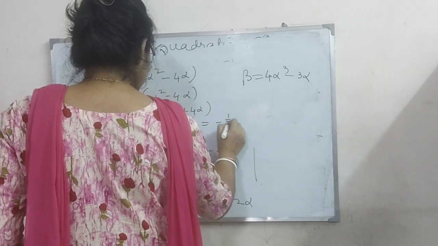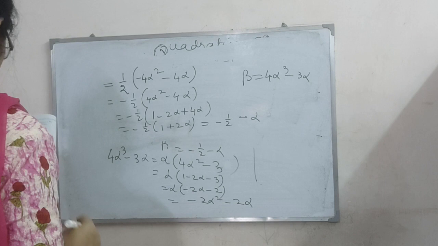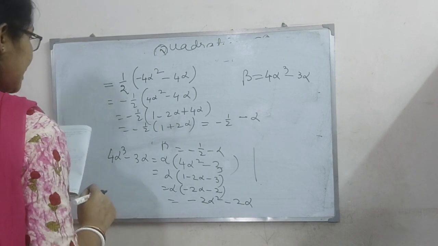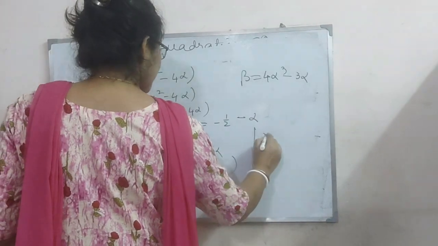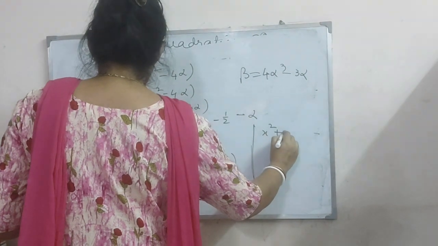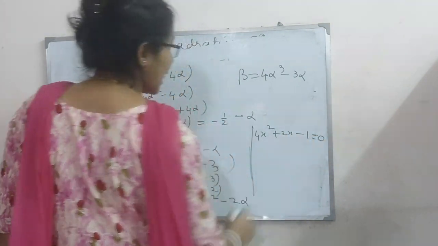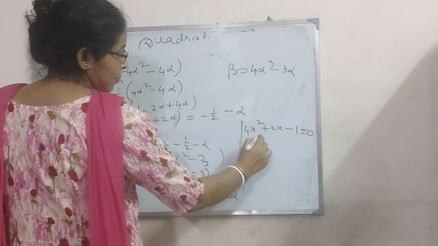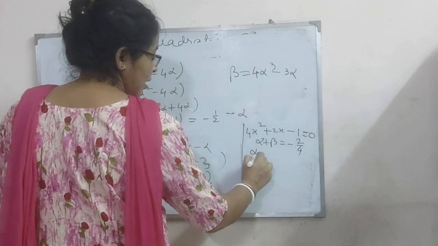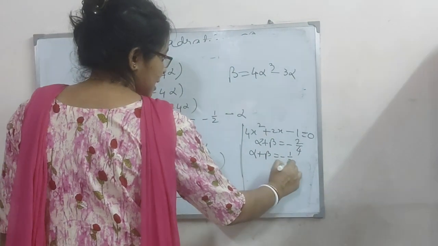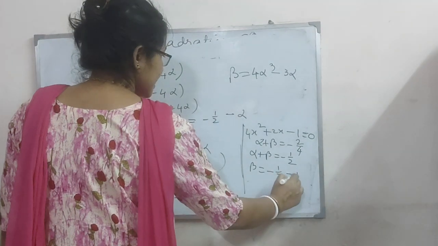This is equal to minus half minus alpha. And I know from the equation 4x square plus 2x minus 1 equal to 0, with alpha and beta as the two roots, alpha plus beta equal to minus 2 by 4, that is minus half, so beta equal to minus half minus alpha.